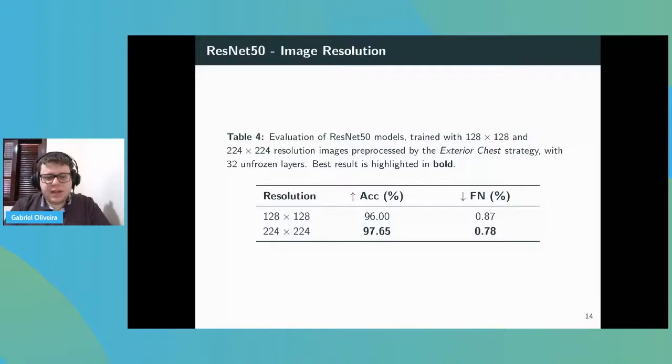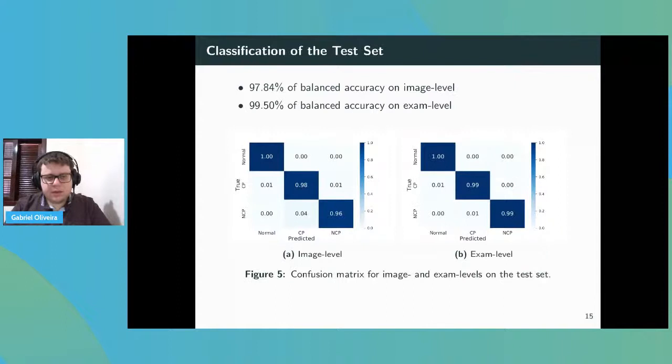With this higher resolution, considering the exterior chest and the ResNet with 32 unfrozen layers, our model achieved a higher balanced accuracy and a lower false negative rate for COVID-19. So we select this as the best architecture. In this experiment, we used the validation set to find the best configuration of ResNet 50 and the preprocessing techniques.